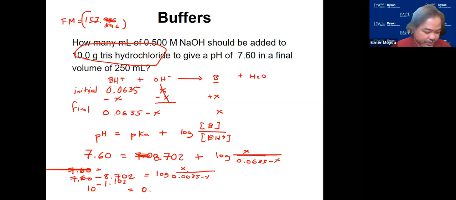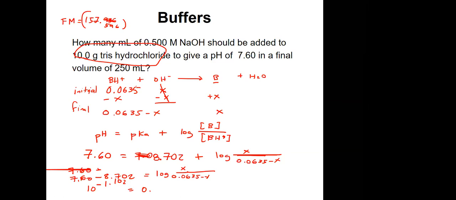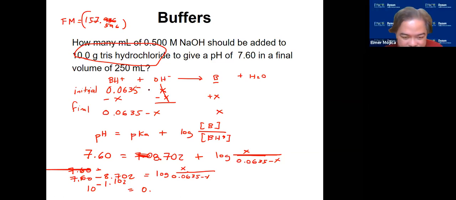I'm just trying to double check my value here. 7.60 minus 8. Oh no, this is the mistake that I have. My fault, it's 8.072. Okay, something is odd. 7.60 minus 8.072. I just want to double check.